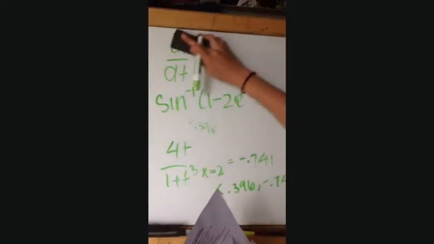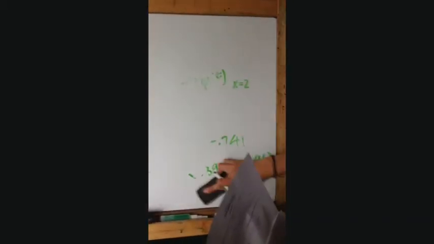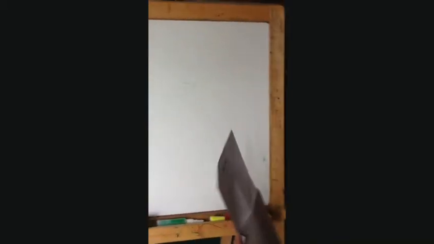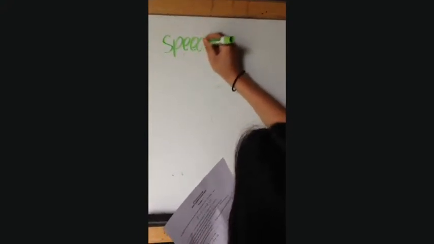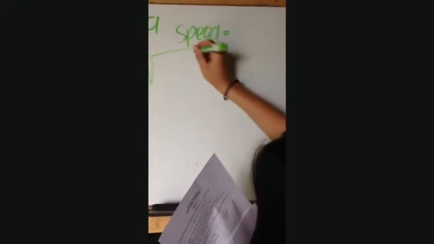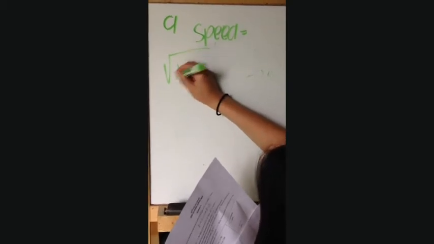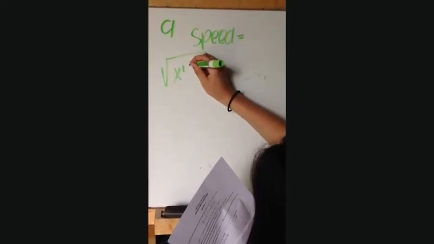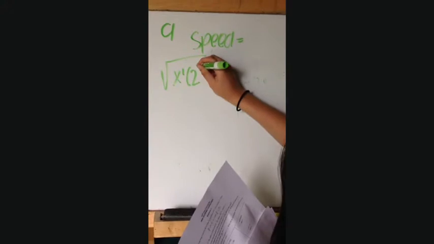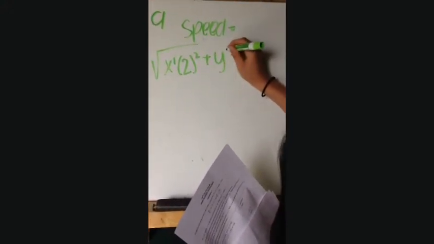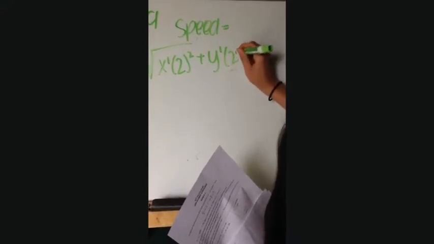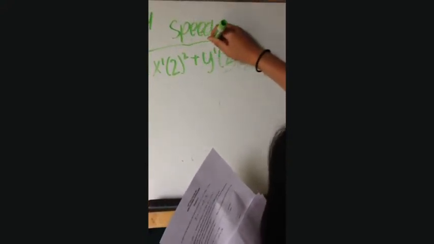For the second part, you'll need to find the speed. And to do that, you'll need the equation for the speed of a parametric curve. The equation for speed is the square root of x prime of 2 squared plus y prime of 2 squared.